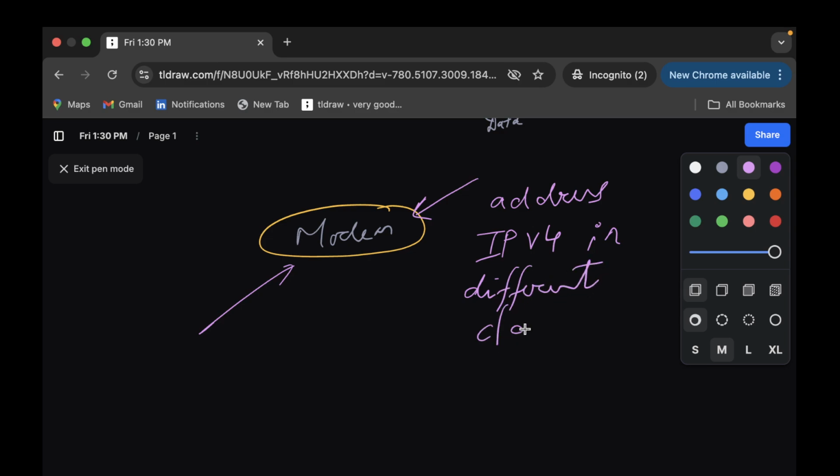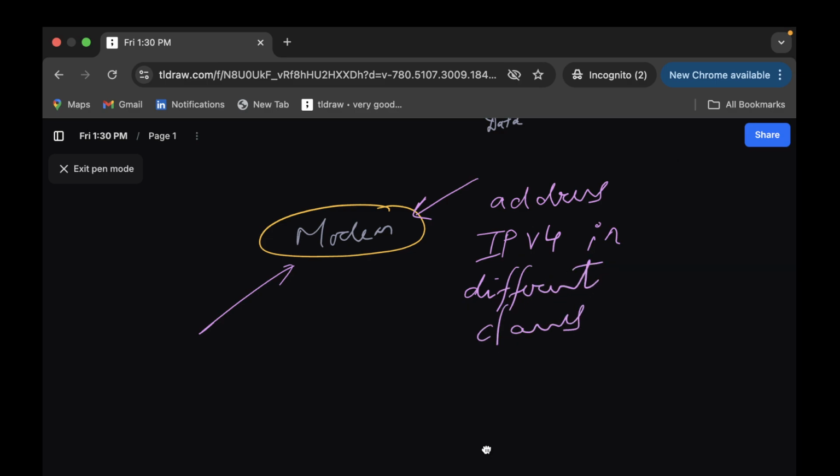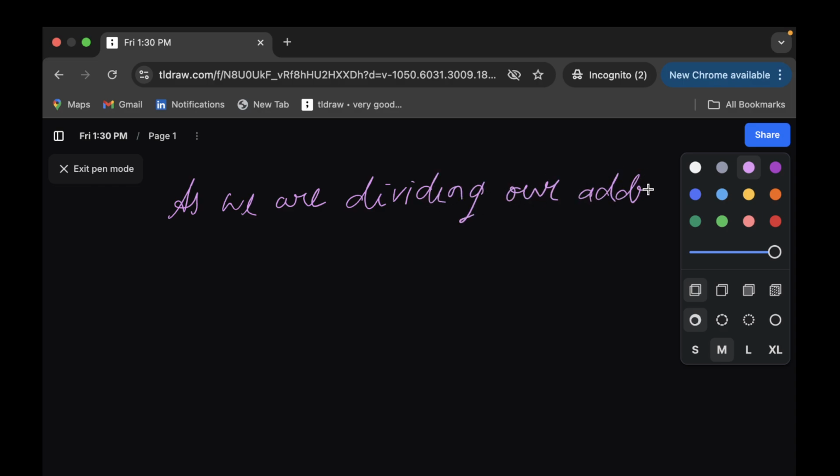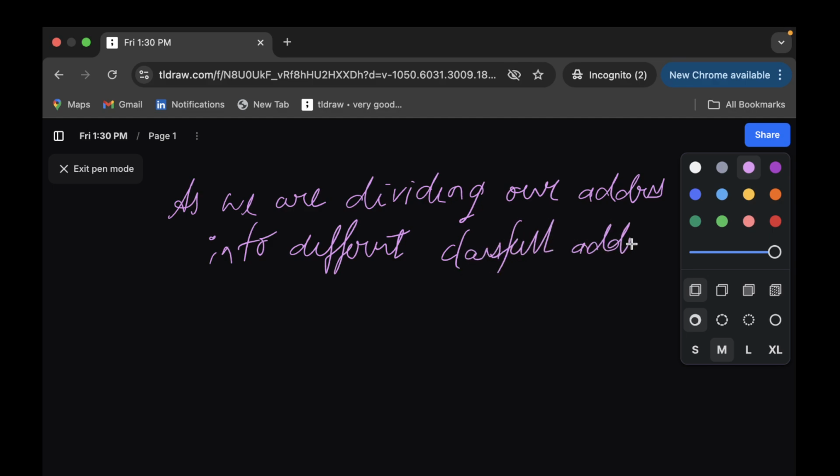When we did this division, as we are dividing our addresses into different classes, this is called classful or class level addressing, right?